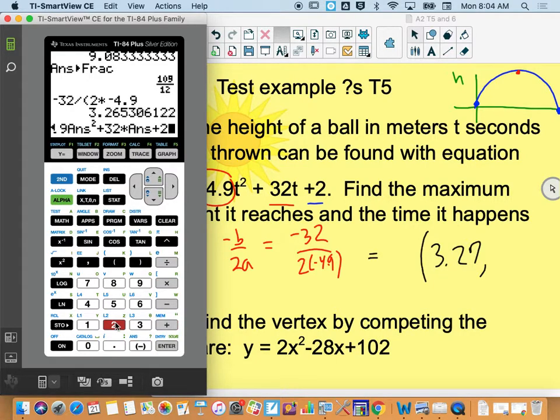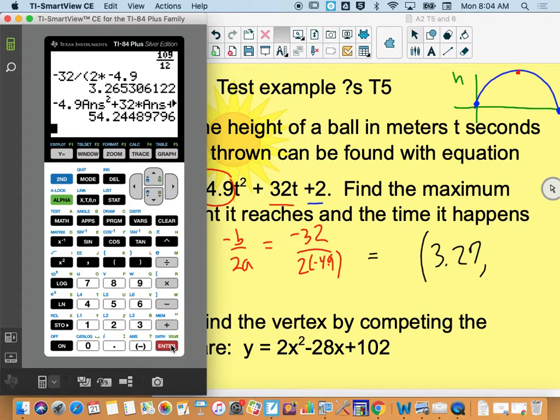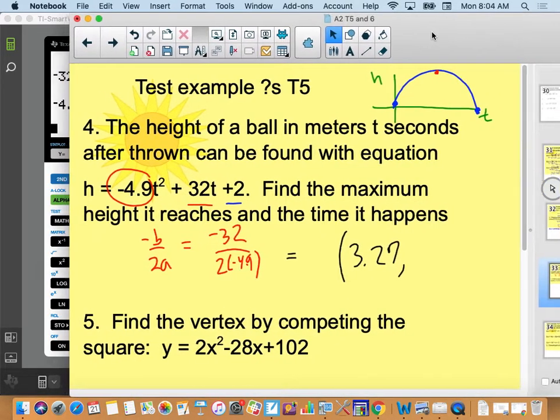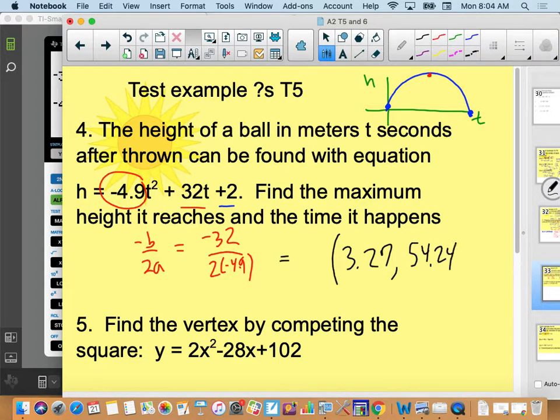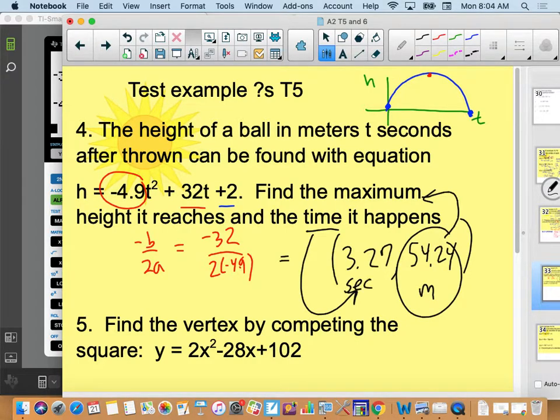So I'm just plugging that 3.265306 into the equation. And that's 54.24. So the maximum height is 54.24 meters, and the time at which it happens is 3.27 seconds after it was thrown.